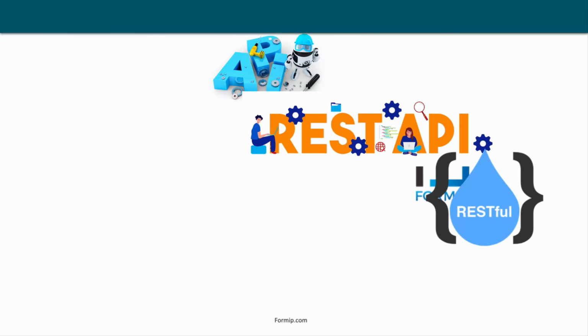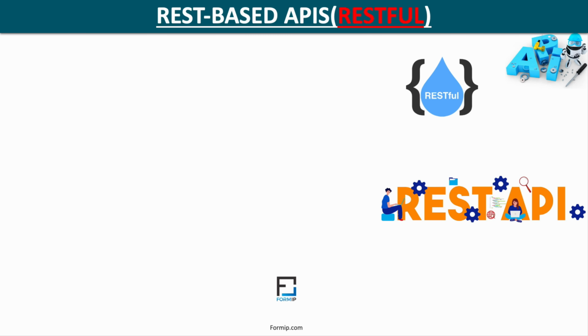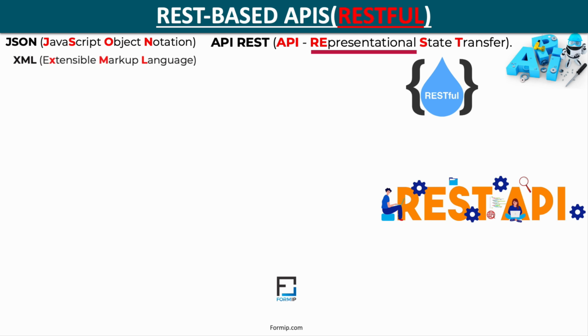REST-based APIs, RESTful. In the meaning of a REST API, representational state transfer, the word representation means that we transfer the representation of a resource between a server and a client. This is usually done in the data format JSON, JavaScript Object Notation, or XML, Extensible Markup Language.